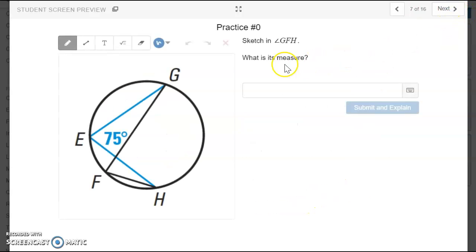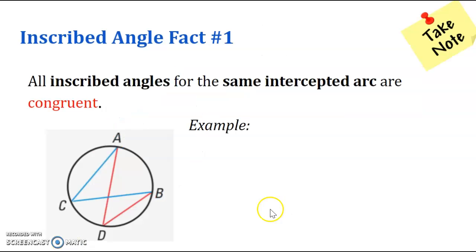Okay, all right then. So now we're going to go back to our slides and take notes on what we have discovered. Inscribed angle fact number 1: all inscribed angles for the same intercepted arc are congruent. If we have the same intercepted arc AB, then angle C and angle D are going to be congruent.